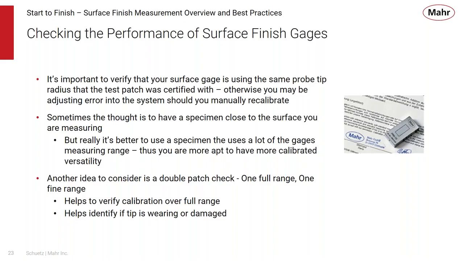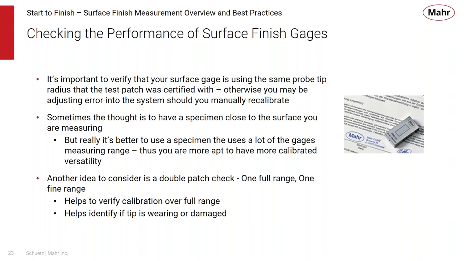If you're trying to correct for or calibrate your probe, you want to be sure that the specimen was checked with the same type of stylus. Otherwise, you might be adjusting error into the system and put a little bias that wouldn't be right.